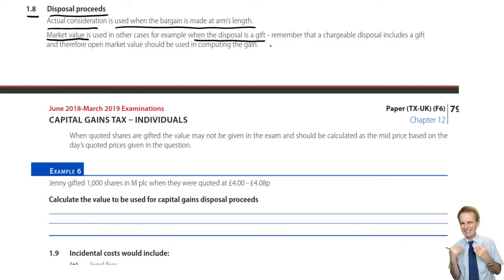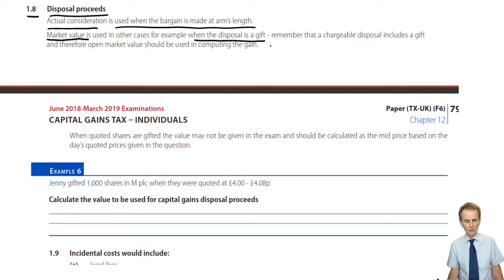Or I can't quite afford to give it outright to my son, so I sell it to him at undervalue. I say, okay, son, it's worth 30, I'll sell it to you for 10,000. Those actual proceeds don't impact on any gains calculation. The gain is always based on market value.